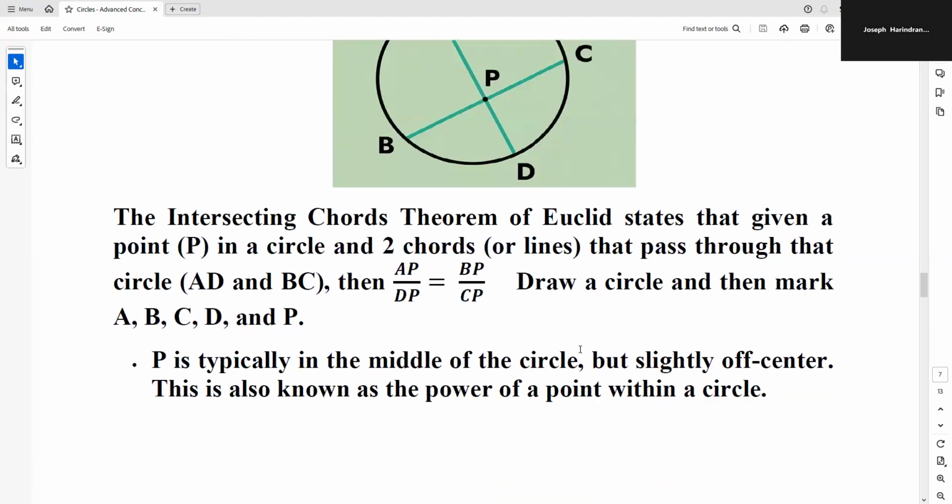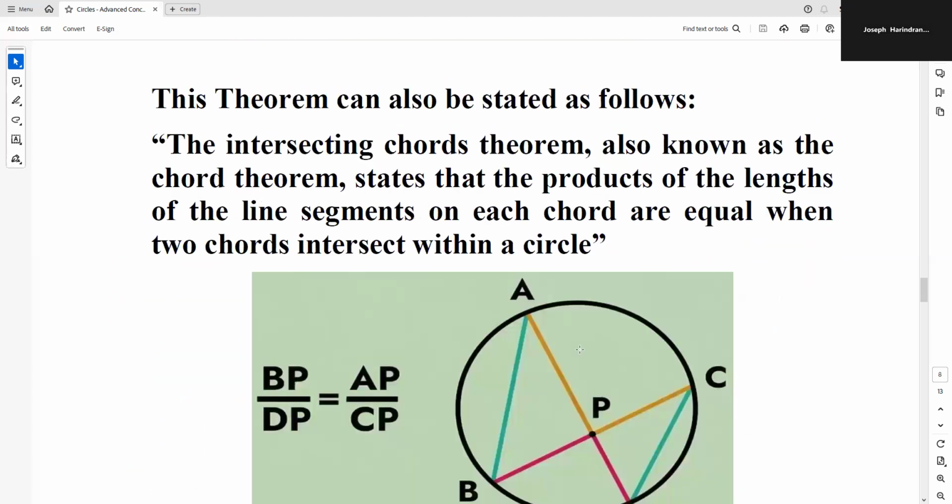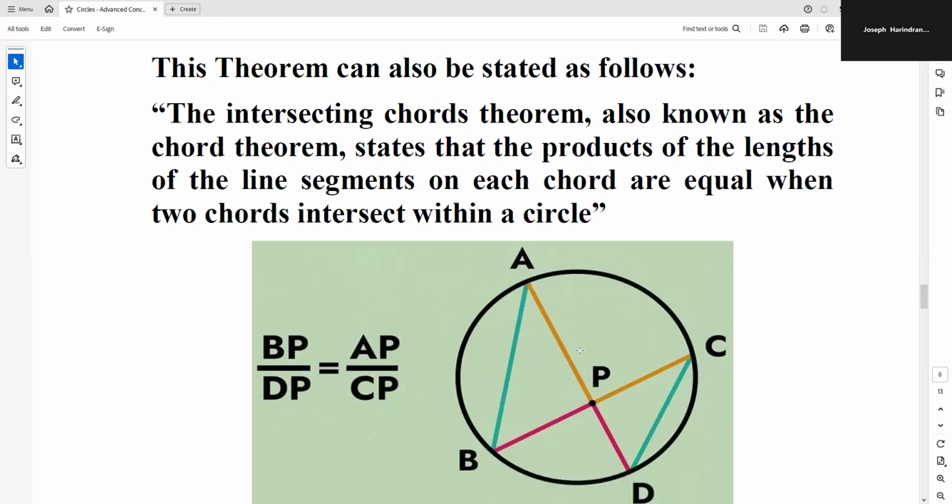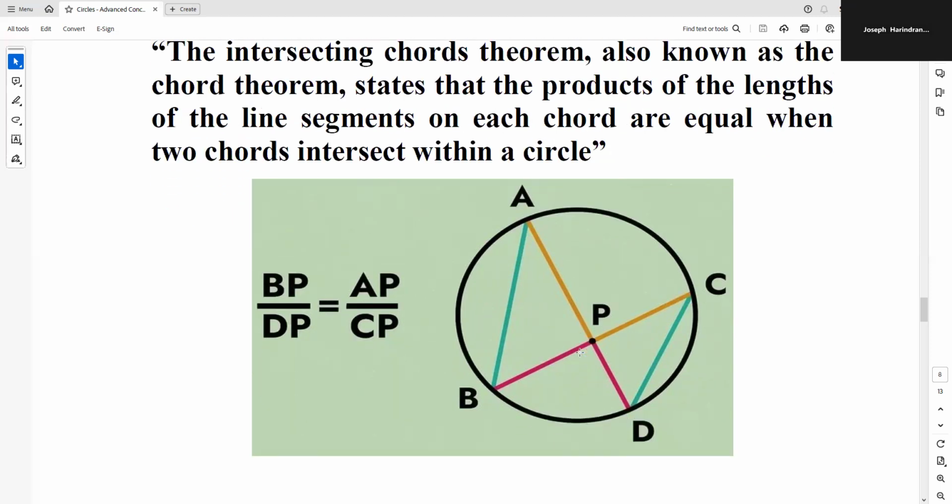We can also state this intersecting chords theorem in a different way. You can see this figure. The intersecting chords theorem, also known as the chord theorem, states that the products of the lengths of the line segments on each chord are equal when the two chords intersect within the circle.